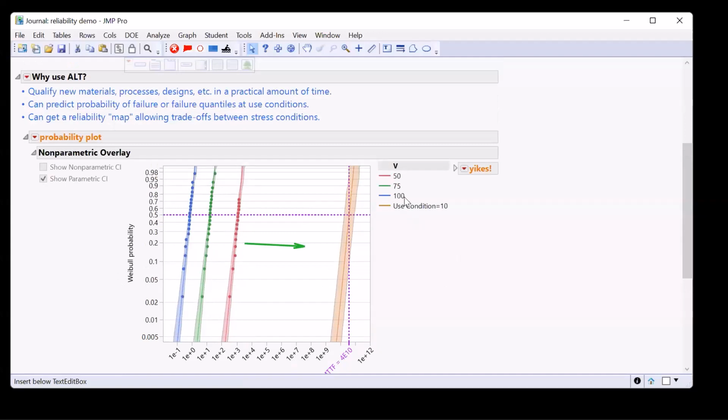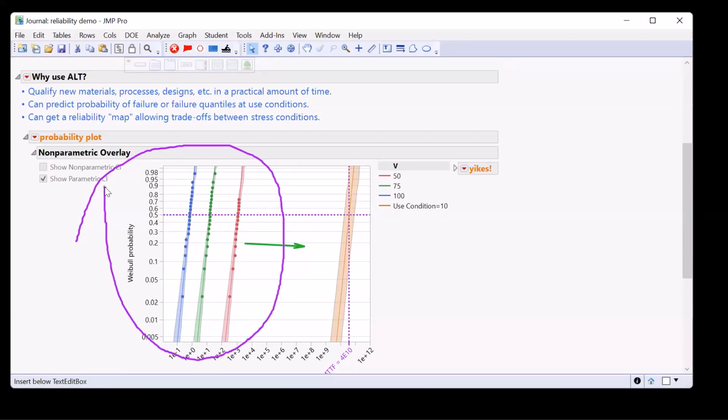At the highest stress, 100 volts, these parts are lasting, I don't know, say less than 10 hours or something. Then as we progress to lower and lower voltages, say 50 volts, parts are lasting several hundred or maybe 1,000 hours, something like that.